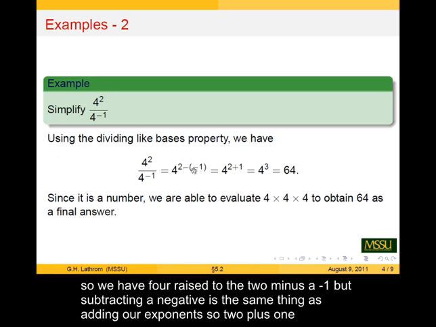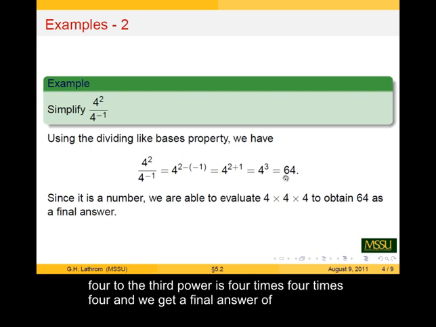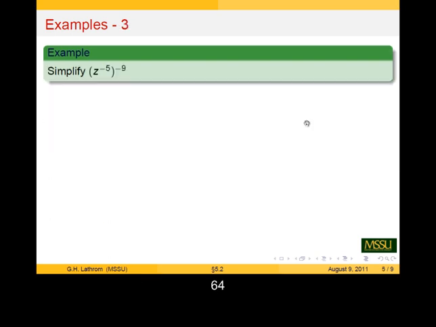But subtracting a negative is the same thing as adding. So our exponent is 2 plus 1, which makes it 3. Therefore, since this is a number, we can actually evaluate what it is. 4 to the third power is 4 times 4 times 4, and we get a final answer of 64.